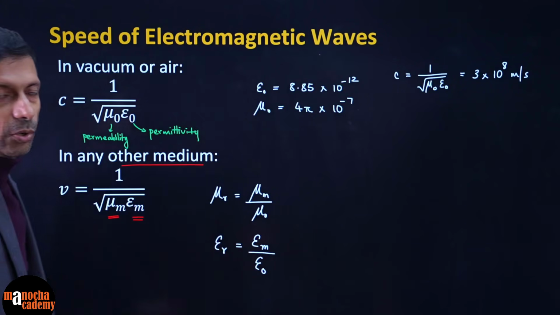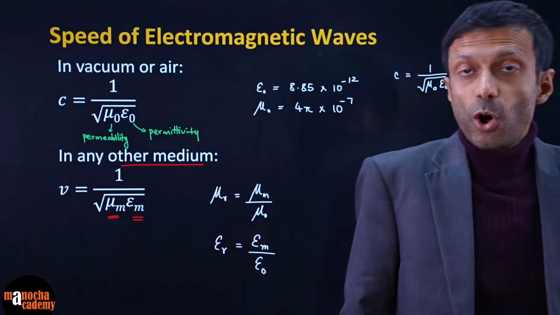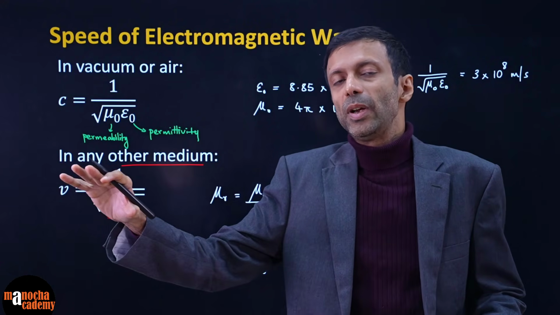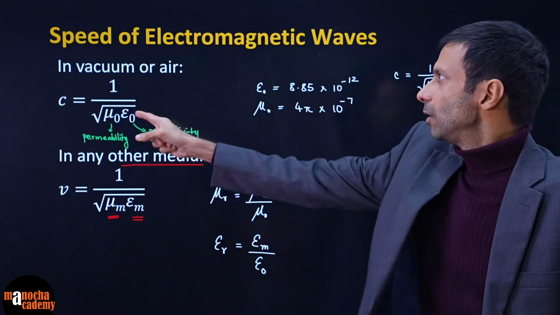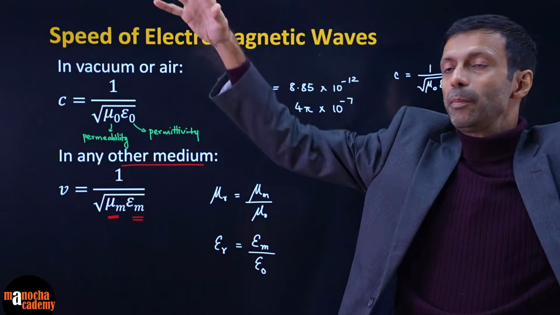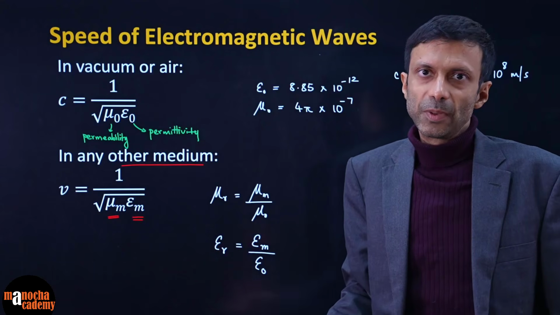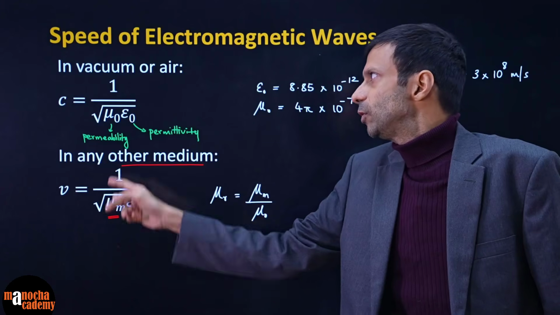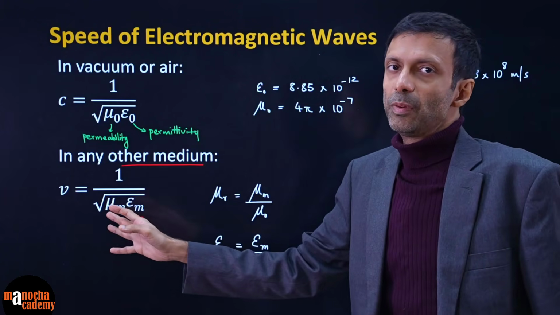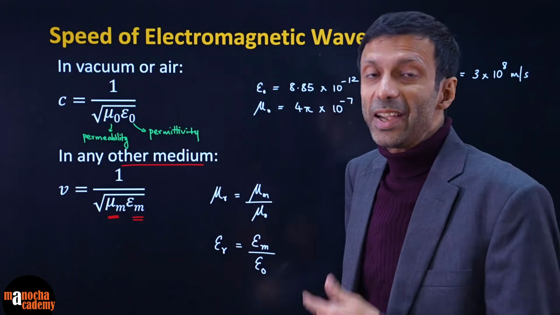So you can always calculate it if one of these is given. If they say it's traveling in a non-magnetic medium, non-magnetic means you will take mu naught, because it has no magnetism property, but it may have some permittivity. So if they say non-magnetic medium, then you replace mu m with mu naught. Is that clear? Again, the same formula works.